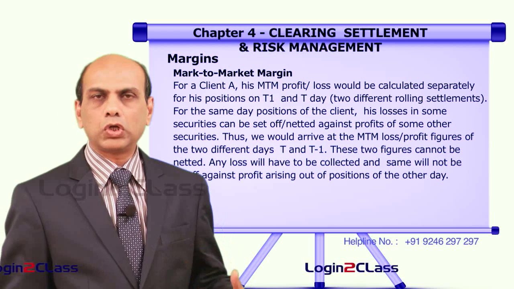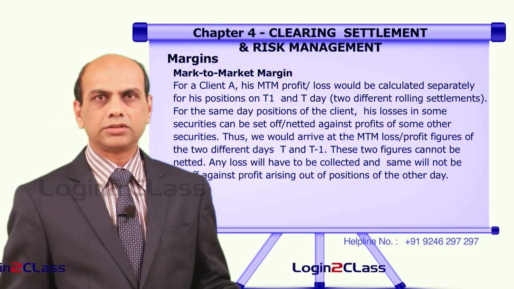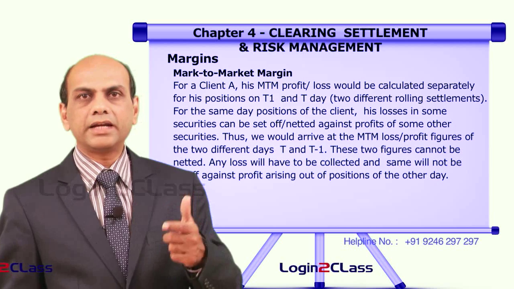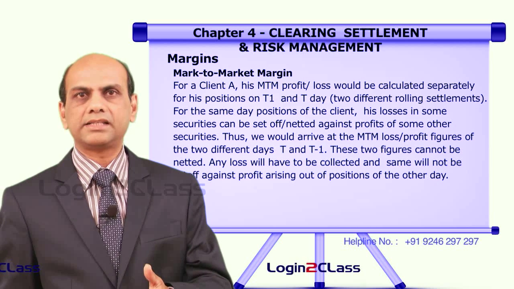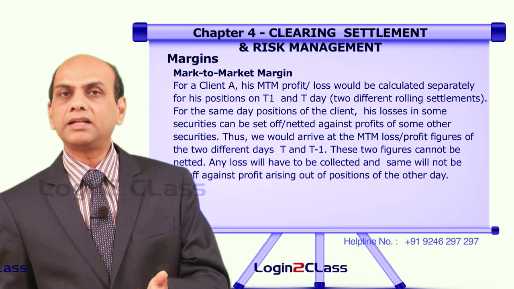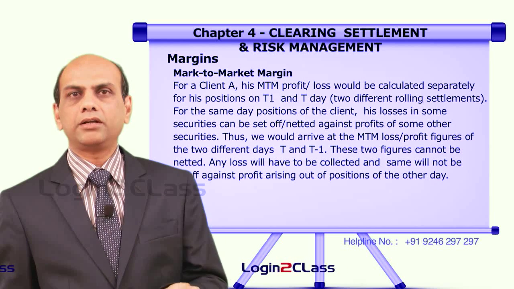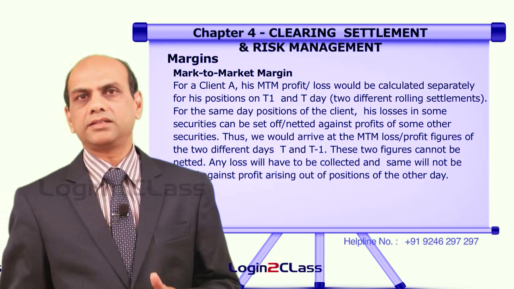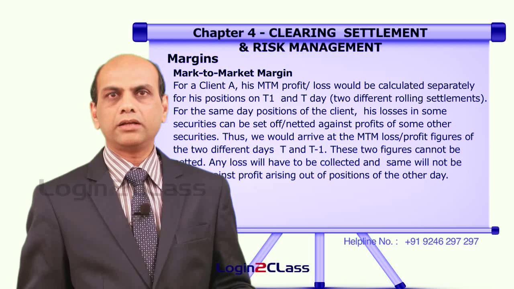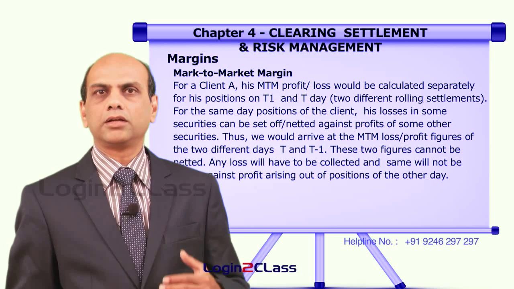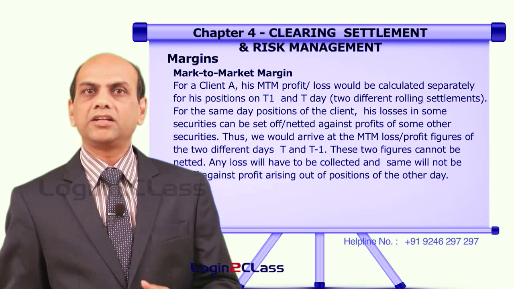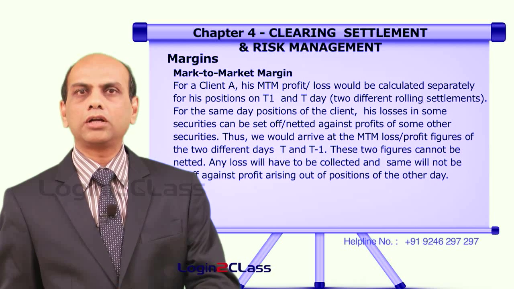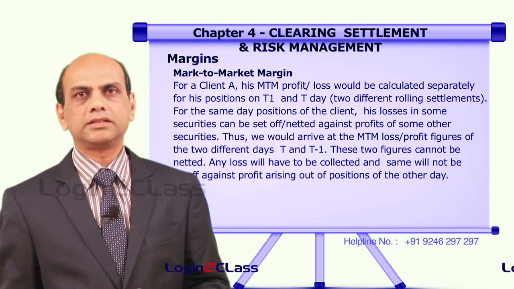That means if there is a loss today in the positions, this cannot be set off against the profit of tomorrow in case it arises, and the balance has to be paid. That case doesn't arise here. If there is a loss today, the loss to that extent MTM has to be paid tomorrow, and if there is a profit tomorrow, it will not be adjusted against this loss at all.